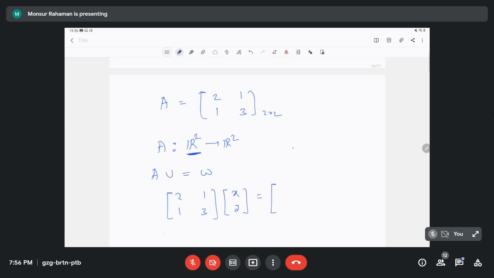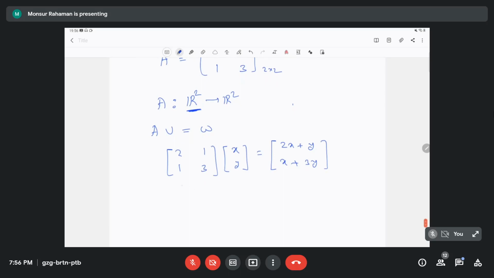So xy के लिए क्या होगा? This is 2x plus y and x plus 3y. So this is a definition of a linear transformation A of xy. If you want to use it as a row vector, this is 2x plus y and x plus 3y. So this is a definition of linear transformation.